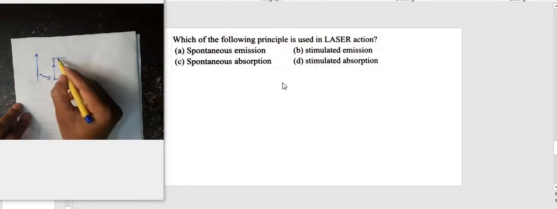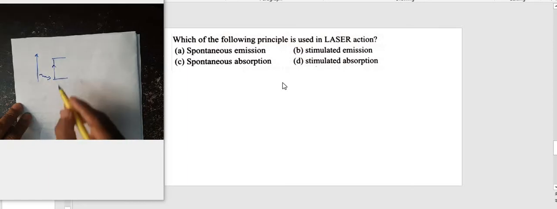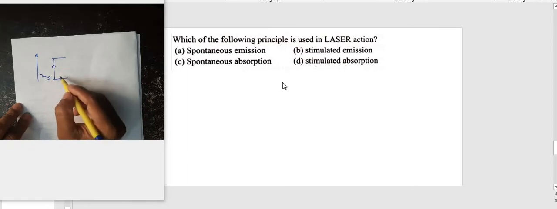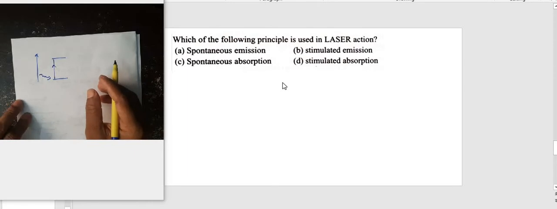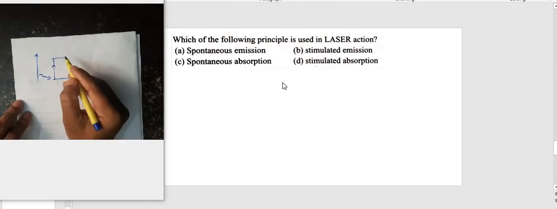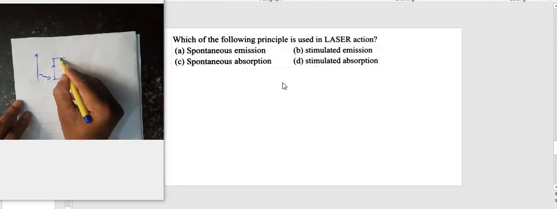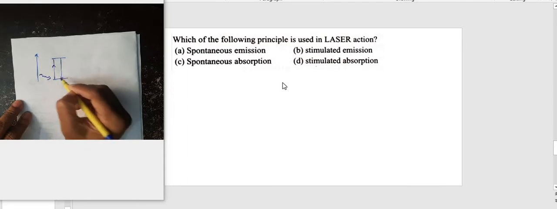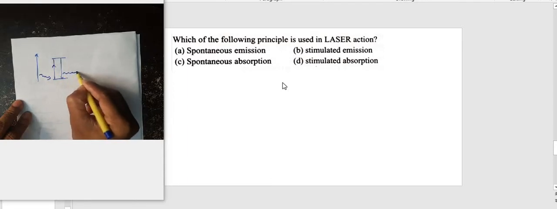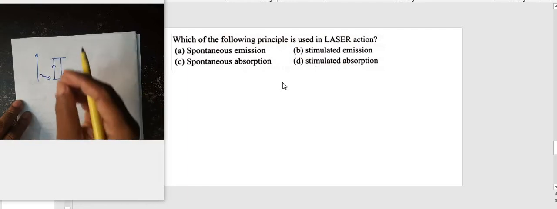Right. Then, after reaching the excited state, the molecule will try to come down by losing the energy in the form of radiation. Here we have two routes. One is they may come down by emitting the radiation in a spontaneous manner.